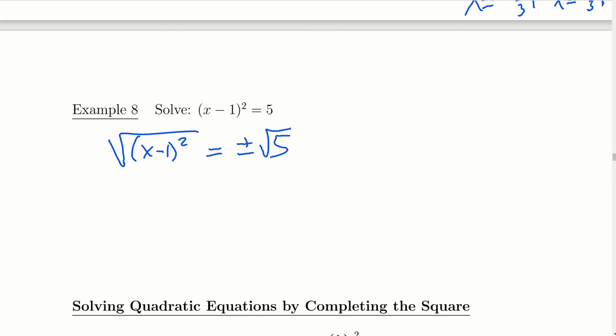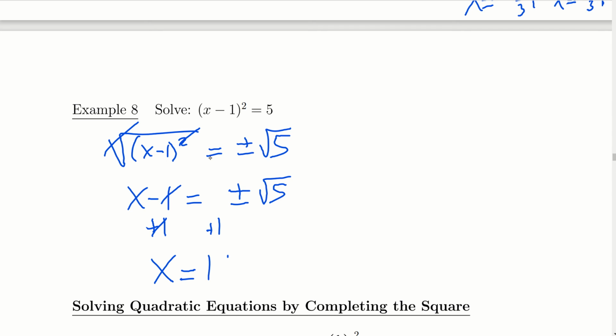So we can go ahead and take the square root of both sides. The square root and the square cancel, so we get the quantity x minus 1, and this is equal to plus and minus the square root of 5. And now from here we can simply add 1 to both sides. The 1's cancel, and we get x equals positive 1 with either a plus or minus square root of 5.